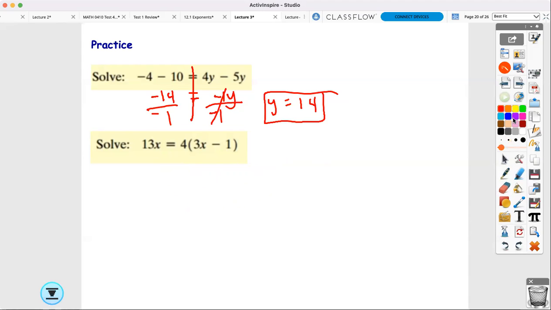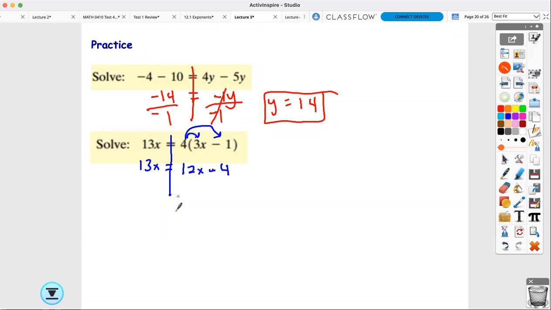So the first thing we do, the left side has nothing to do, right? But what do we do on the right side? What property? Multiply. Yeah, we're gonna multiply by distributing. 4 times 3x is what? 12x. Good. What's 4 times -1? -4.